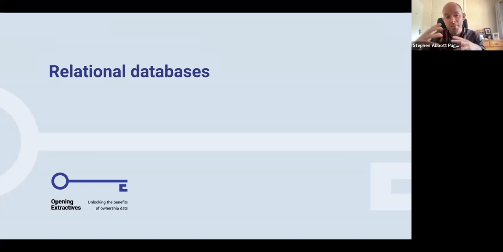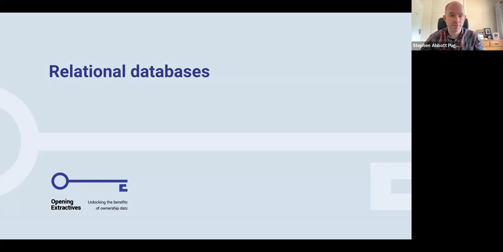There is information in a database about beneficial ownership that needs to be linked to each other in multiple ways. And so I can talk now a little bit about why we recommend doing that via use of a relational database rather than something that's more like tabular data.